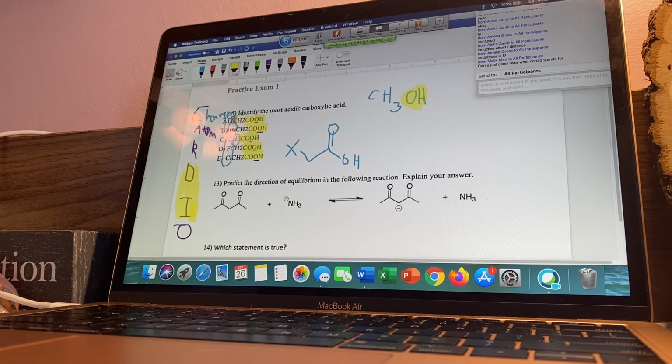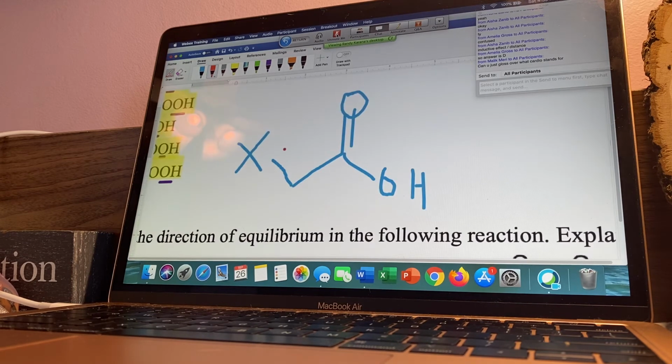Now we need to look at these guys right here, and this is going to be your dipole induction. So let me zoom in. If you have an X, a halogen, remember how there's going to be a dipole right here? What does that dipole really mean? Well, the X is going to be grabbing some of those electrons from that bond toward itself.